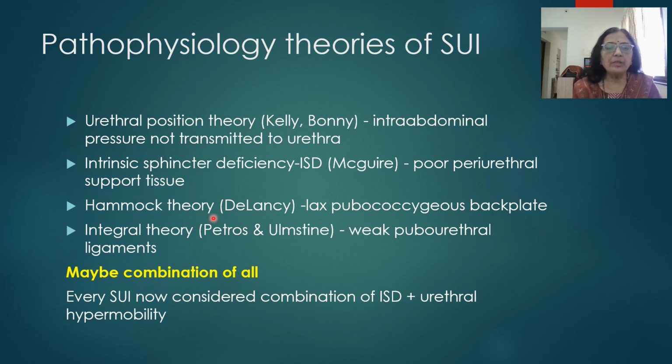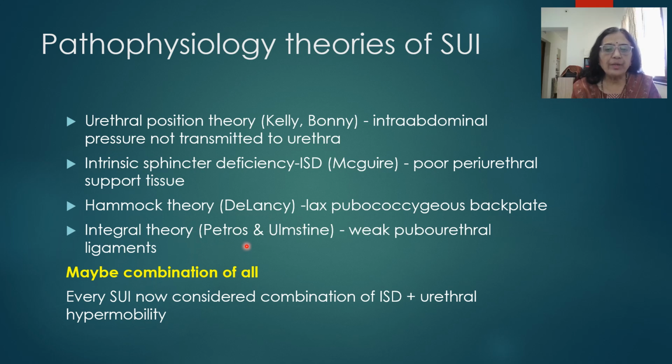Third is the hammock theory, which was introduced by DeLancey, according to which there is a laxity in the pubococcygeus back plate. So this pubococcygeus part of the levator ani muscle or pelvic floor provides a hammock, and if there is a laxity of this, then that leads to the urethra becoming patent with raised intra-abdominal pressure.